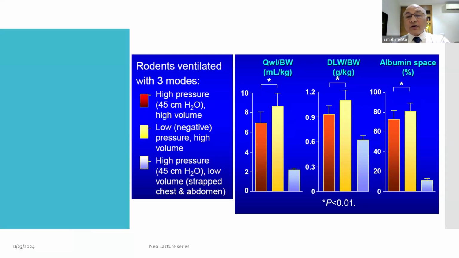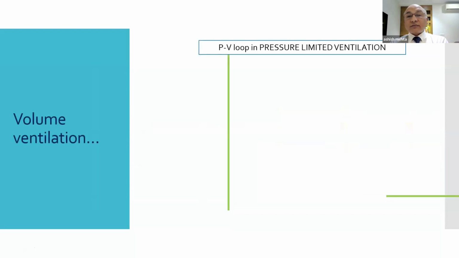The animal was ventilated with low pressure but high volume. The damage was minimal when, even with high pressure, the volume was kept low. And that brings out the fact that volume trauma is more dangerous than barotrauma.